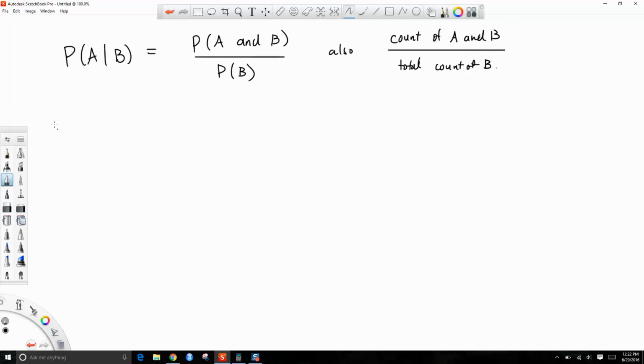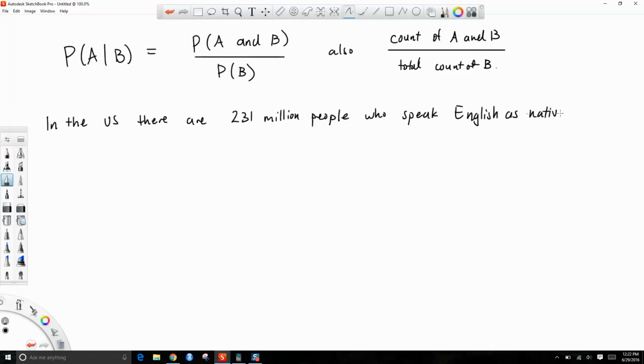So we said in the USA, in the US, there are 231 million people who speak English as their native tongue. And then we'll also say in the US there are, we're just going to say 300 million people.